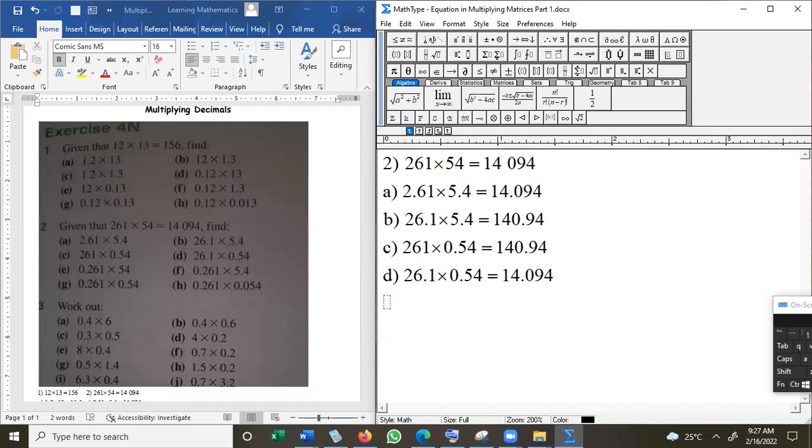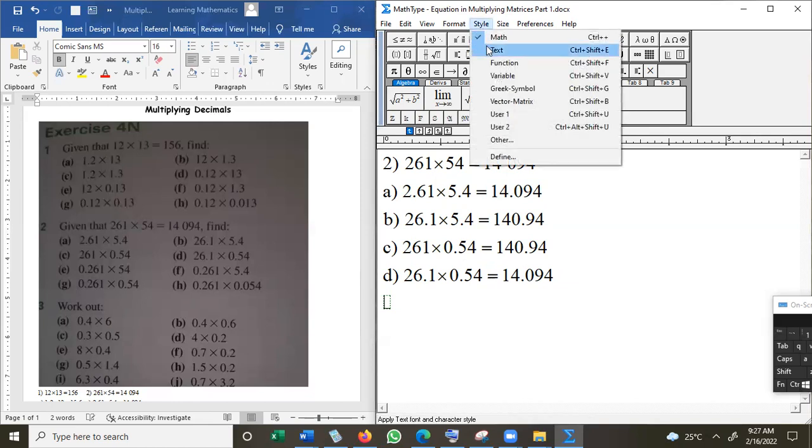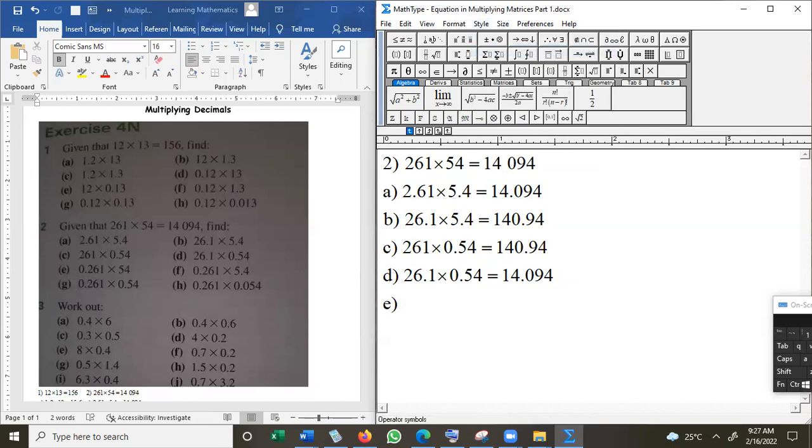Okay, so here we go, E. So just continue. All right, E is 0.261 times 54 equal.